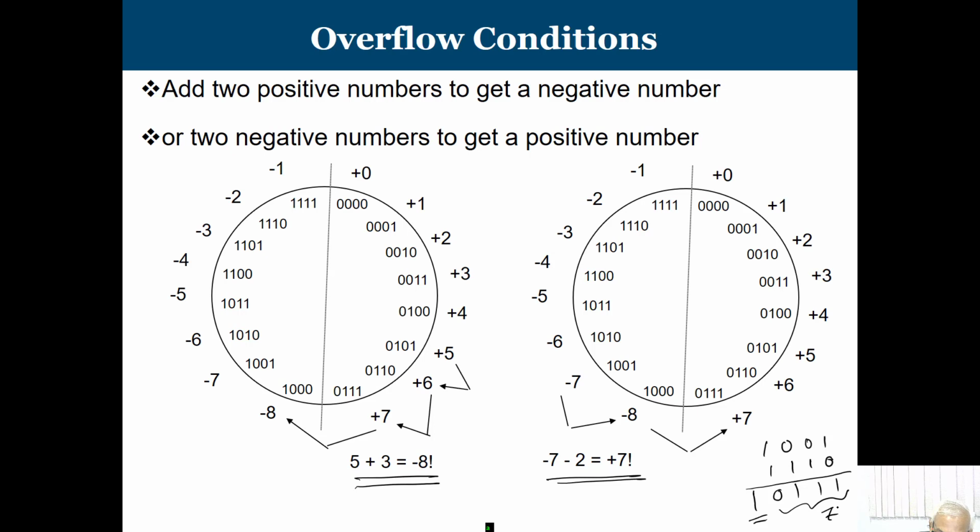And here I am adding 5 plus 3, I should get 8, but here it turned out to be -8. So, in this particular case, when I have 0 1 1, this is +7 basically. Here I am not getting the correct result, and we said this is the overflow situation.